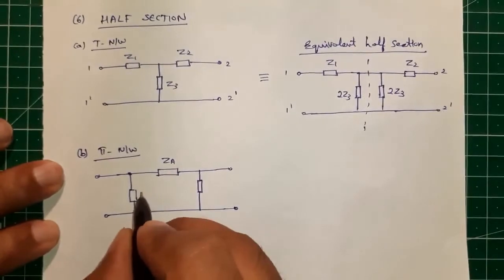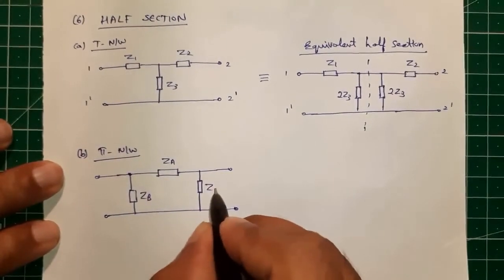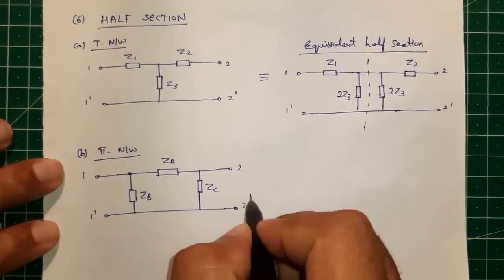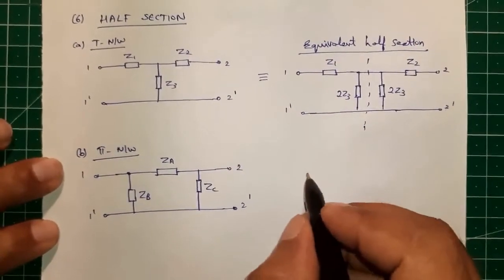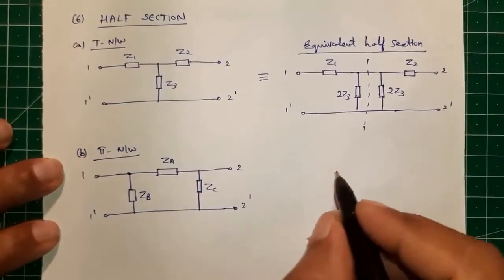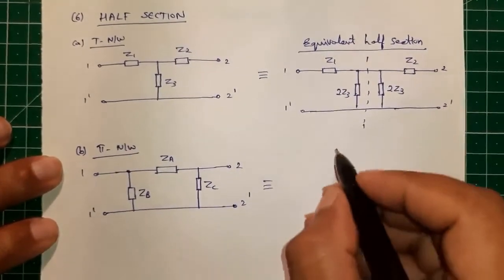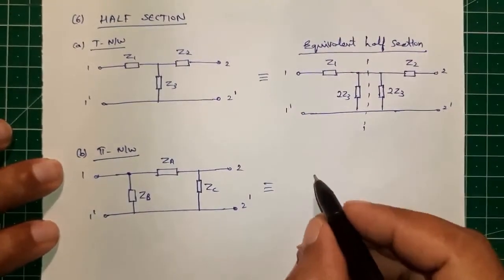So this is ZA, ZB and ZC, 1 dash, 2, 2 dash. So we have to split along the series arm. So how will be the equivalent half section?